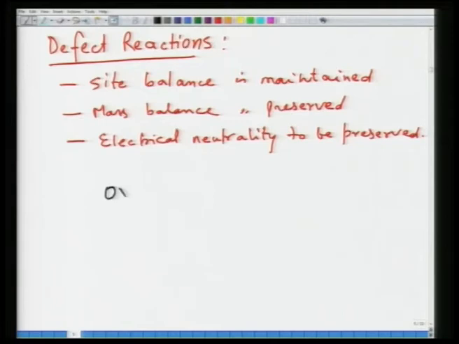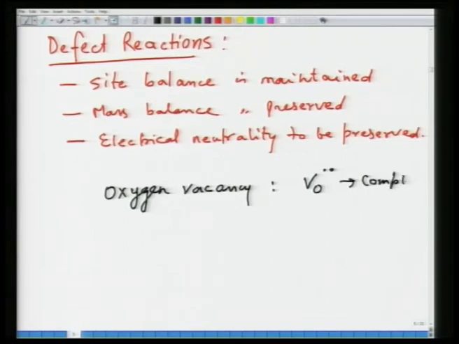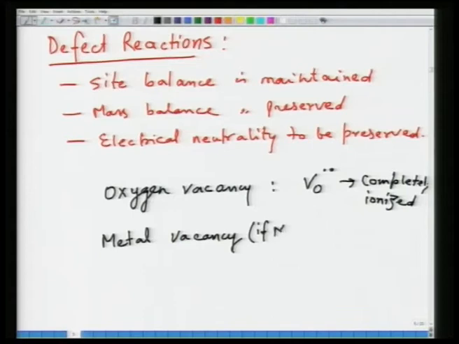In the whole exercise that we undertake in these lectures, we will assume that all the defects are completely ionized, which means if you have an oxygen vacancy, we will take it as VO double dot, completely ionized, and if you have a metal vacancy, and if the metal was M2 plus, then this would be Vm double dash, and this also means it is completely ionized.